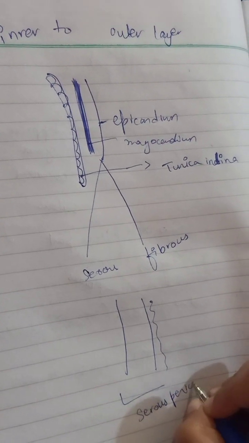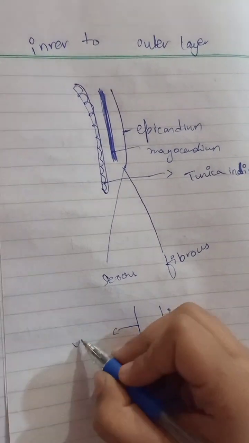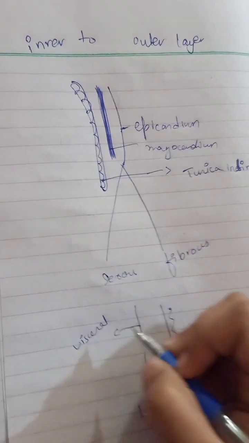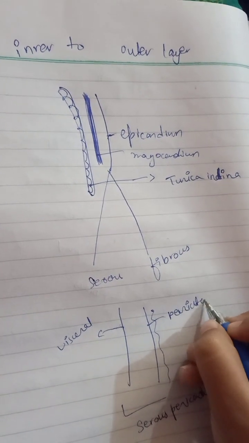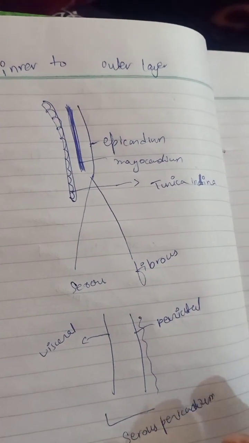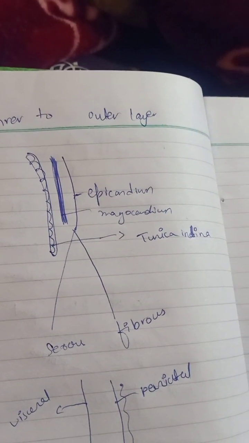The serous pericardium consists of two parts: one is the visceral and the second one is the parietal.